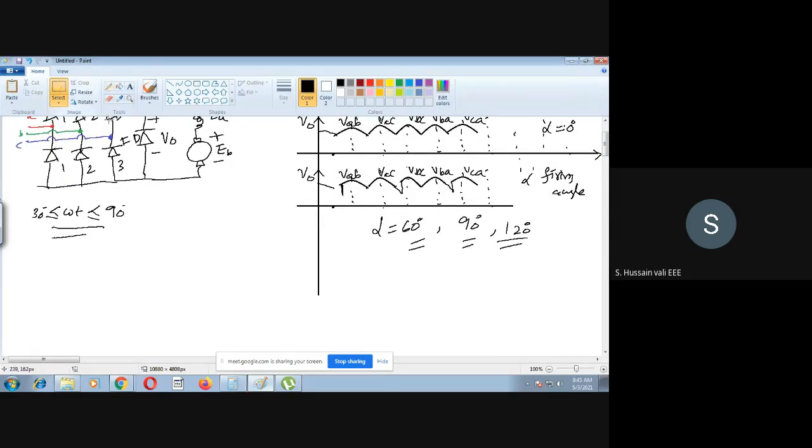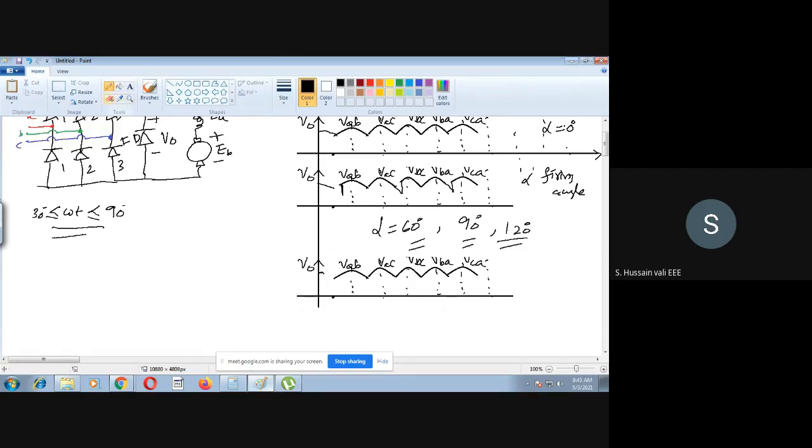See here. When alpha is equal to 60 degrees, the delay will be exactly 60 degrees. When the delay is 60 degrees, I will show you here.